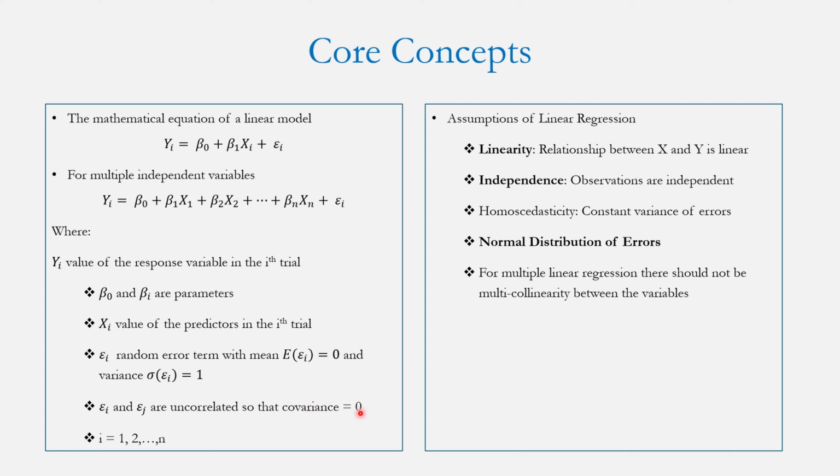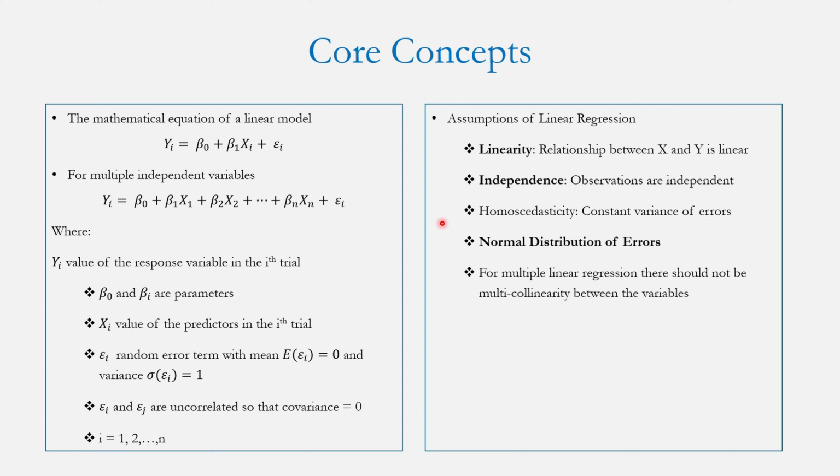So those are the assumptions. We also have another assumption, which is the constancy of variance. We said that we want our variance to be 1, so our variance among the observations should be constant. And this is something that we'll be evaluating at the end of building the model.